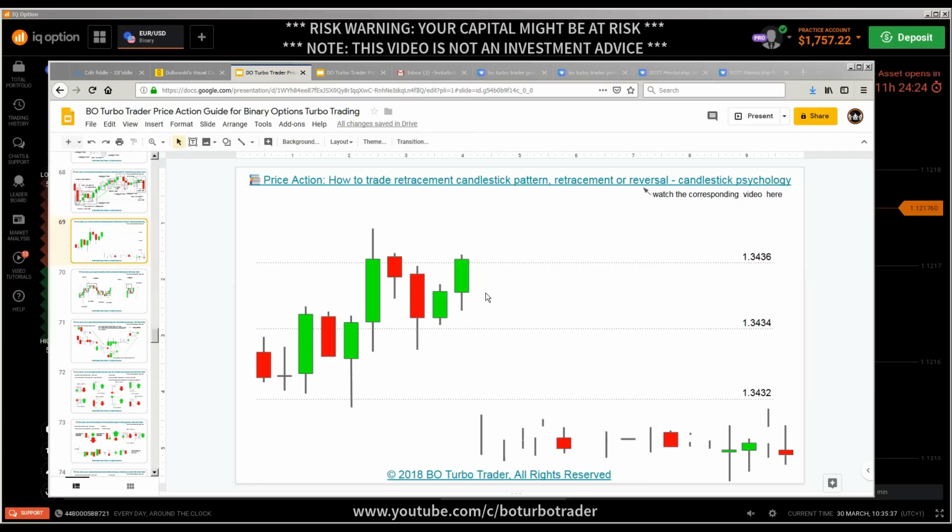So, and yes, after this, I didn't enter. You see, I trade only those where I can get a lower entry point than the closing price of the previous candle. If I don't get a lower entry point or a higher entry point than the closing price of the previous candle, yes, I will not enter into a trade. I have so many students who are doing this anyway. Yes, they do not get any kind of good entry point, and they trade this anyway.